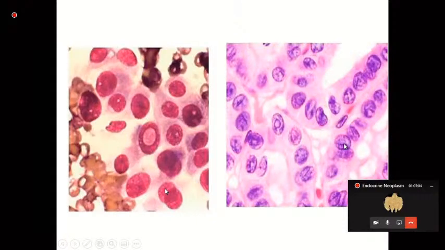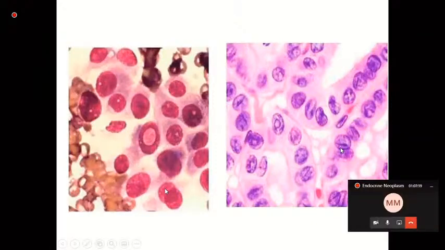Mitosis? Red blood cell? No, this is the cell of the tumor. But what do you see inside the nuclei? What is this line? If you look at the cells, it looks like what? Bean shape.